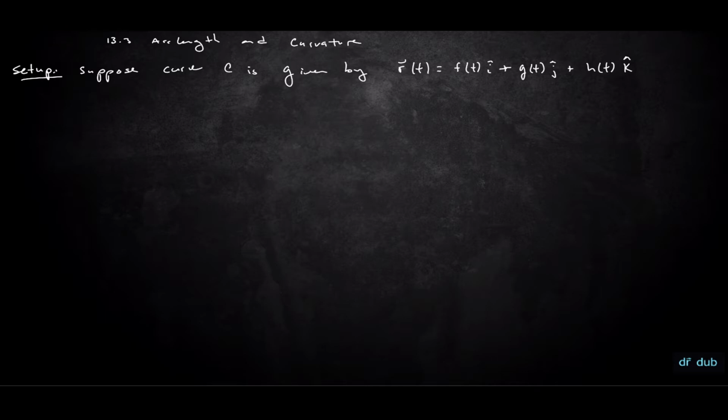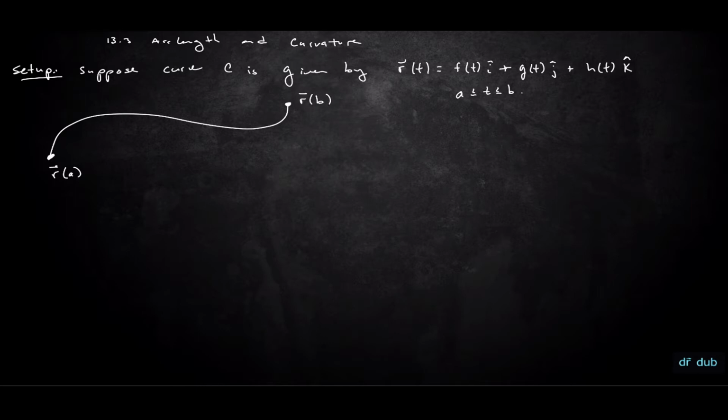So that's our setup, and t is going to range between two values, a and b. And then we just have some curve in space, something that looks like this. Could be three-dimensional, could be two-dimensional, it doesn't really matter. And we have some starting point r of a, and some ending point r of b.